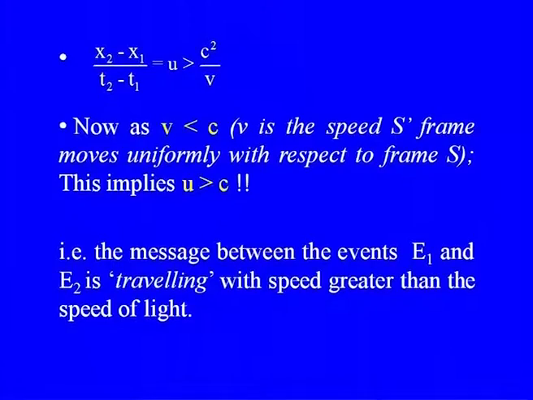So, that is the condition one has to satisfy if the sequence of events is reversed in another frame and the events are causally connected. But then we will end up with a problem. The problem is that v here is less than c, or at most it is c. So, you cannot go more than the speed of light.